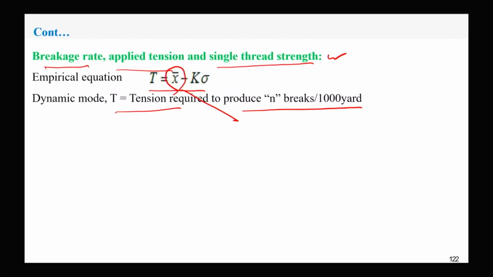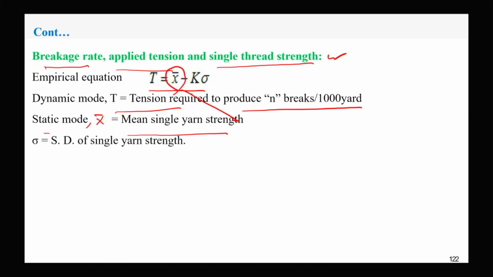And x bar is the mean single yarn strength in static mode, and sigma is the standard deviation of single yarn strength.